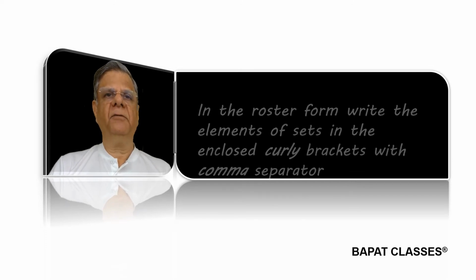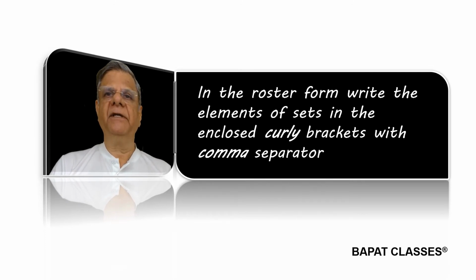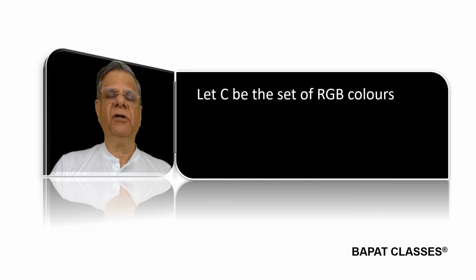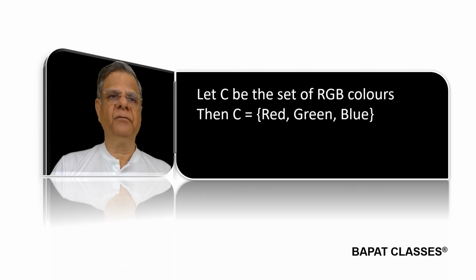In the roster form, write the elements of the set enclosed in curly brackets with a comma separator. For example, let C be the set of RGB colors. Then set C is C = {red, green, blue}.